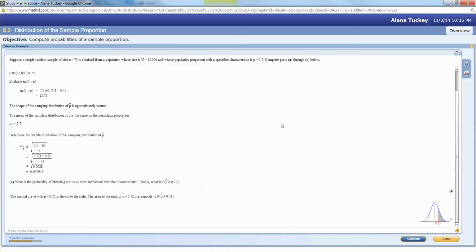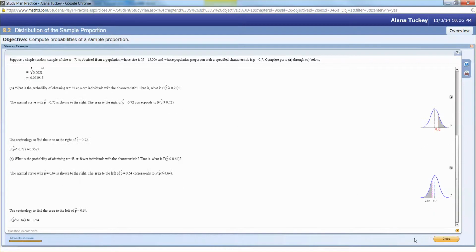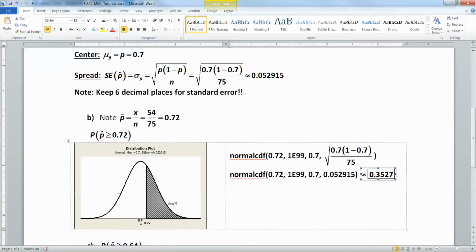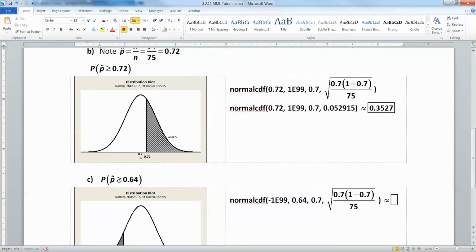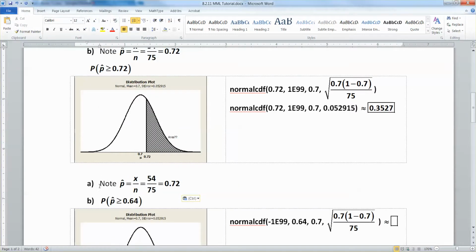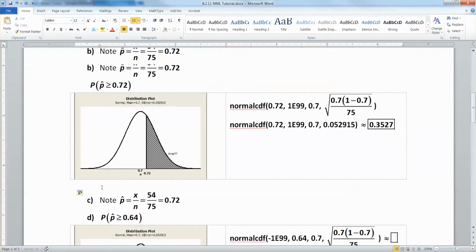Okay, so now let's look here. We want the probability of obtaining x equals 48 or fewer. Again, let me show you where that comes from. If you say 48 or fewer, that means p hat is 0.64, but let me prove it to you.